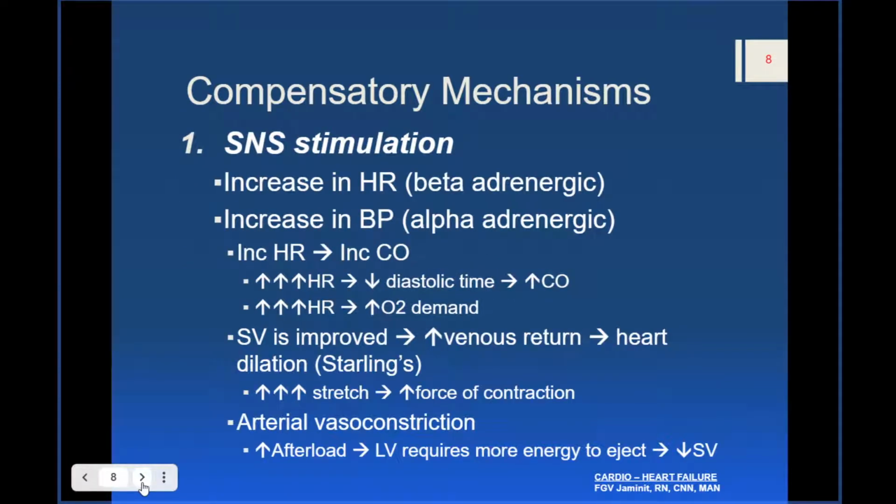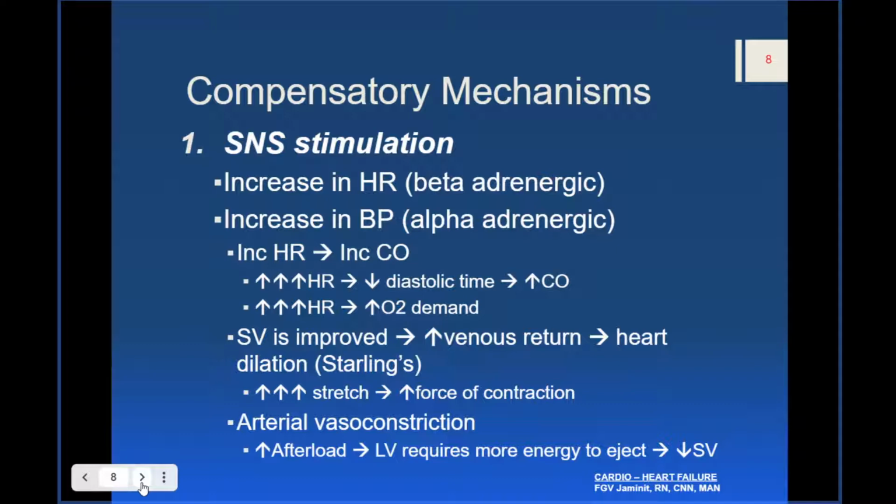So with regard to the SNS or the sympathetic nervous system stimulation, remember that the function of this is to regulate the heart rate, as well as the blood pressure. So when it is stimulated, there would be an increase in the heart rate and blood pressure.